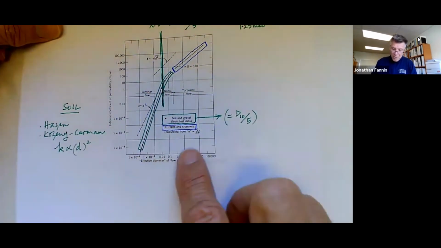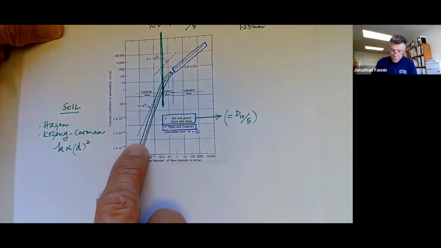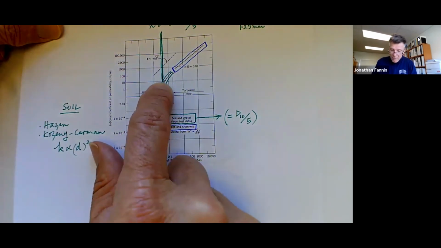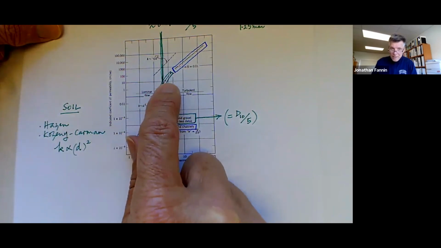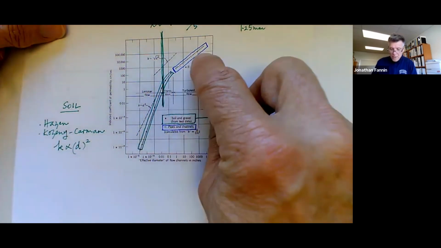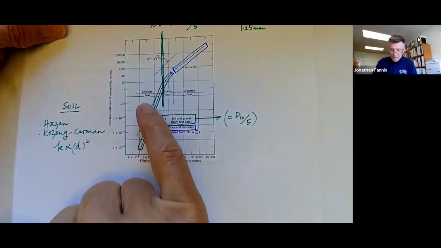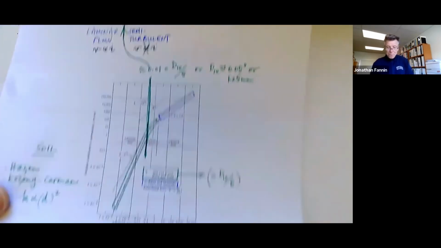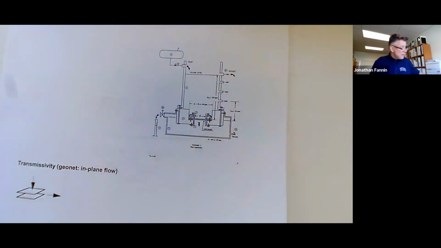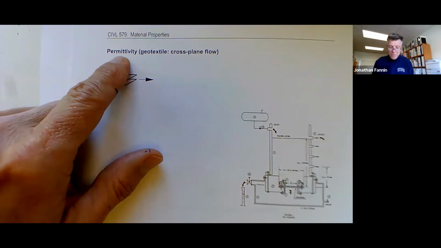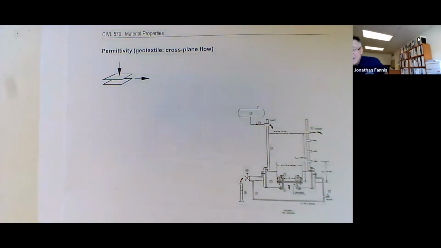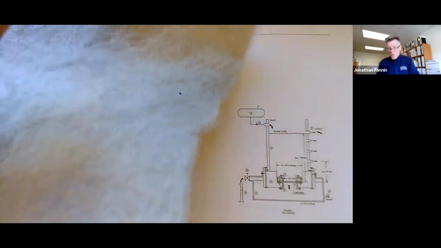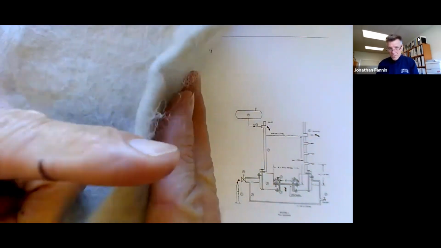And we see that expressed as we move through coarser and coarser particles. We're getting into coarse sands here, we'll discover, and then as we head out into pipe flow. And we have empirical relations that support what we're seeing there. And thus, our desire is to get the permittivity of the geotextile, that is the cross-plane permeability in the geotextile.